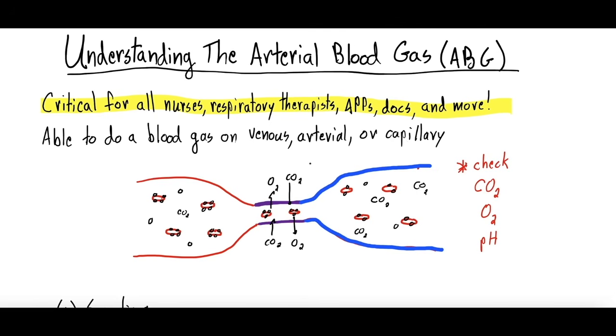What is a blood gas? Well, you're able to do a blood gas on pretty much any place where there is blood. This is typically the veins (venous), the arteries (arterial), or the capillaries, which are between the arteries and the veins. You're getting blood and you're checking the gases in that blood.